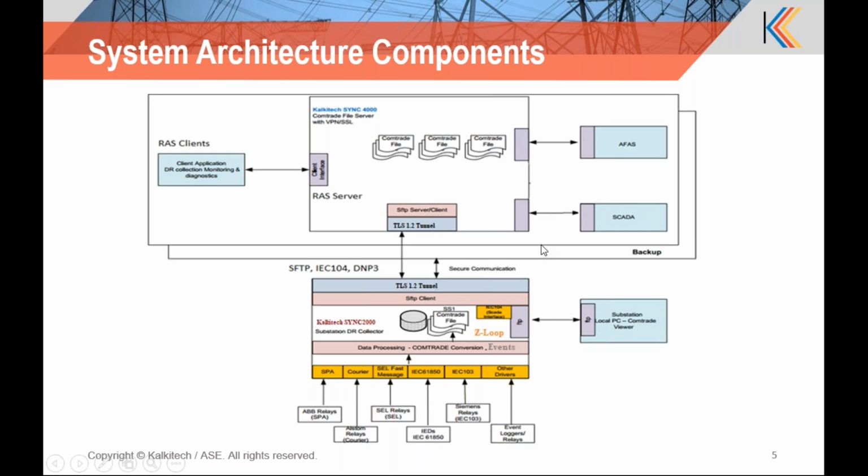Live data can be sent over 104 or DNP3. Live points or protection events, everything can be sent on a protocol basis to the local SCADA system as well as to the central SCADA system.